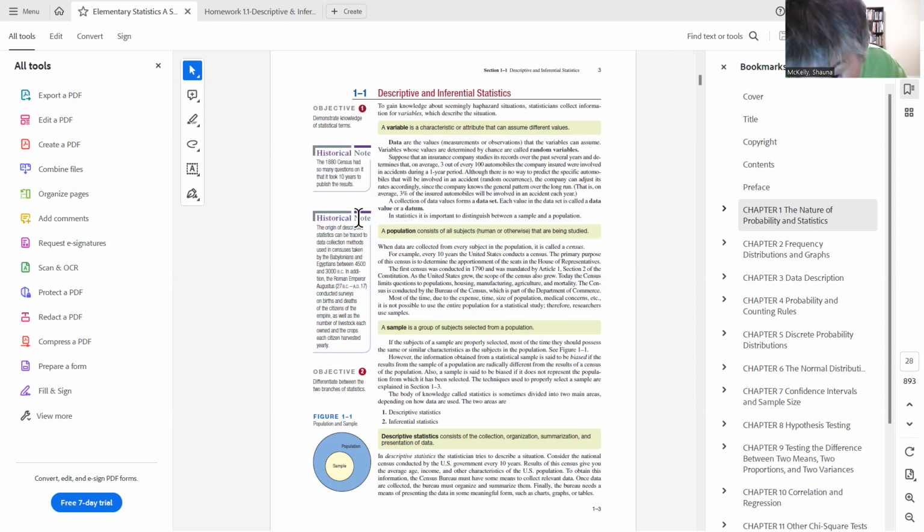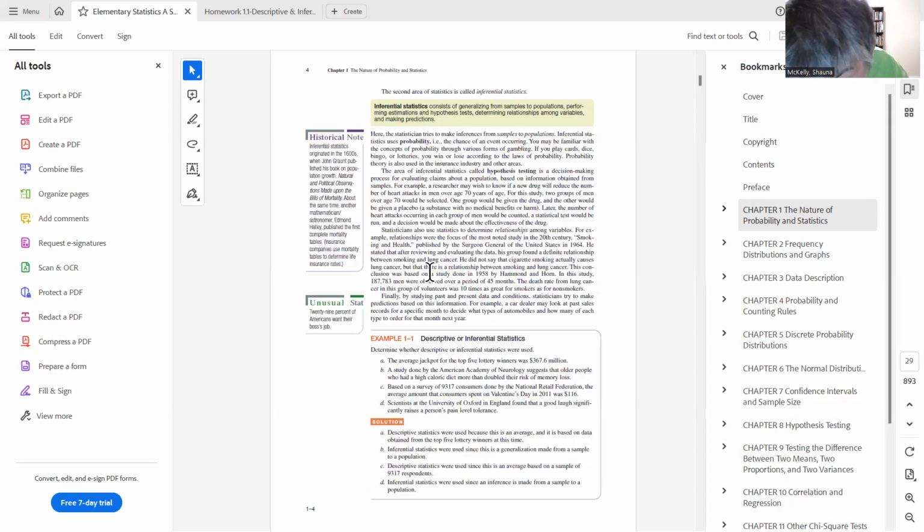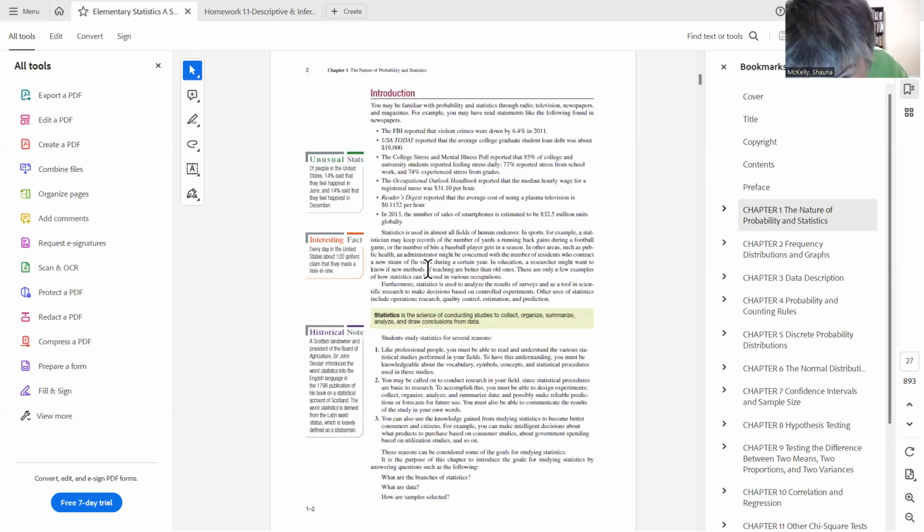On page 3, there is more information about each of the definitions that I just gave you. But in terms of where this is used, this is where I would use descriptive and inferential statistics.